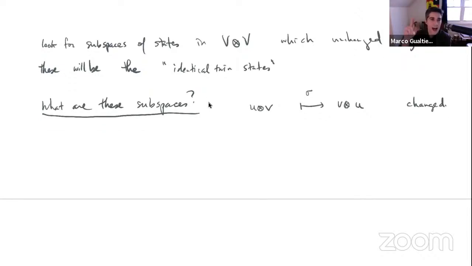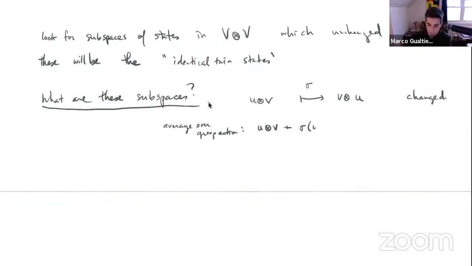But if we average over the group action, that means we should take the element and add what happens when you affect it by sigma. This will be U tensor V plus V tensor U. Now we have something that is left alone by the switching map.